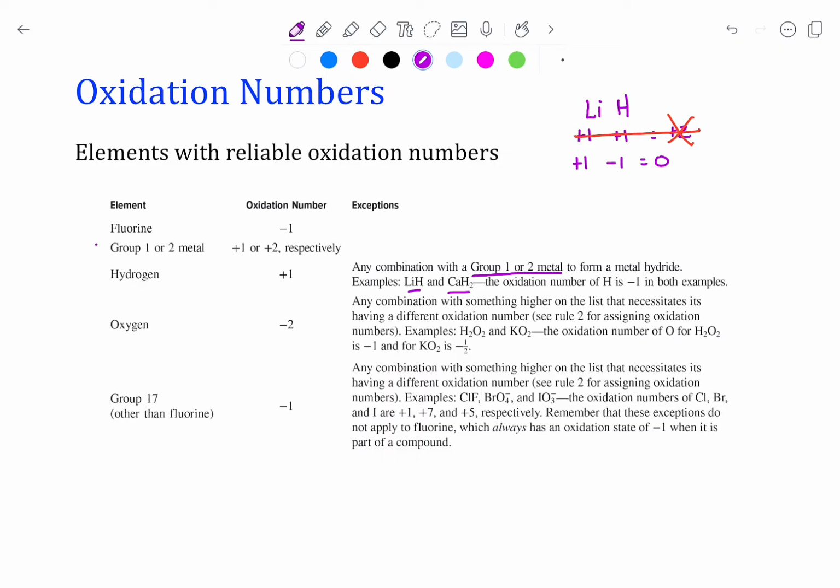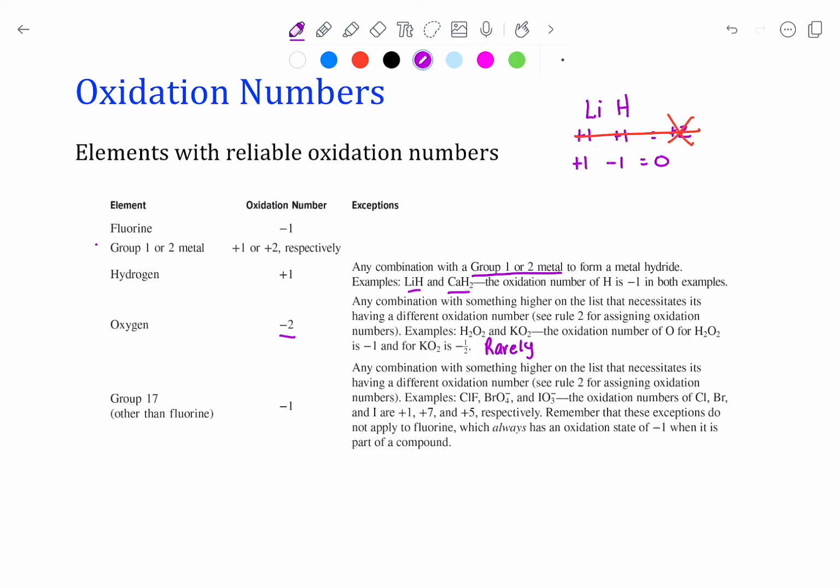But we will rarely see these examples at this level of general chemistry. You'll probably see these more so in general chemistry 2 when we talk about oxidation reduction reactions in terms of electrochemistry. So for what we're doing here, we will always assume that oxygen has a -2 for its oxidation number.